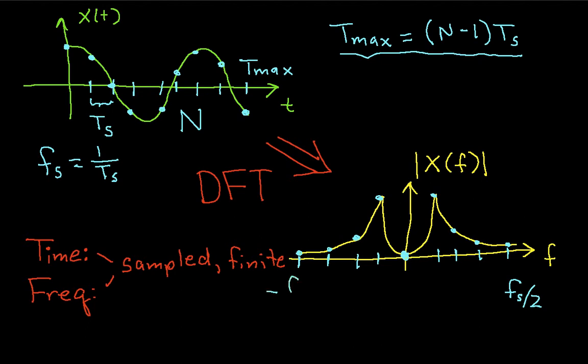And this means that the other end of the spectrum will be minus f sub s over 2. And you'll notice that the distance between these two is f sub s, which means that the distance between each of these individual points is f sub s over n minus 1.